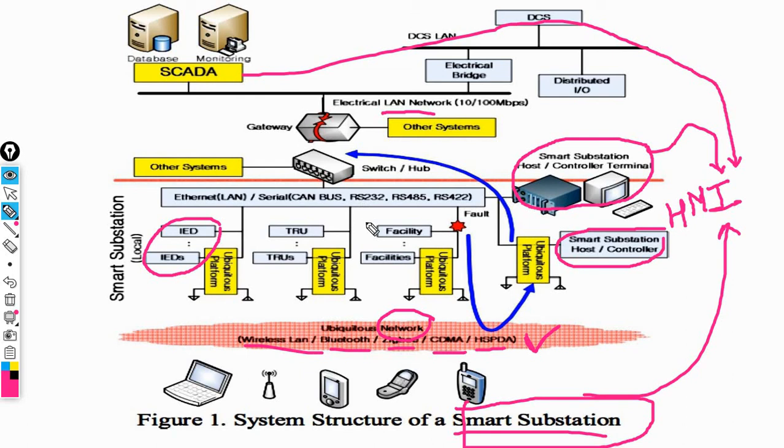This is the system structure of the smart substation, operated with the help of a local area network, whose range is 10 MB per second to 100 MB per second. The networks required for the whole system are wireless LAN, Bluetooth, Zigbee, CDMA, and HSPD network. This is the system structure of the smart substation.